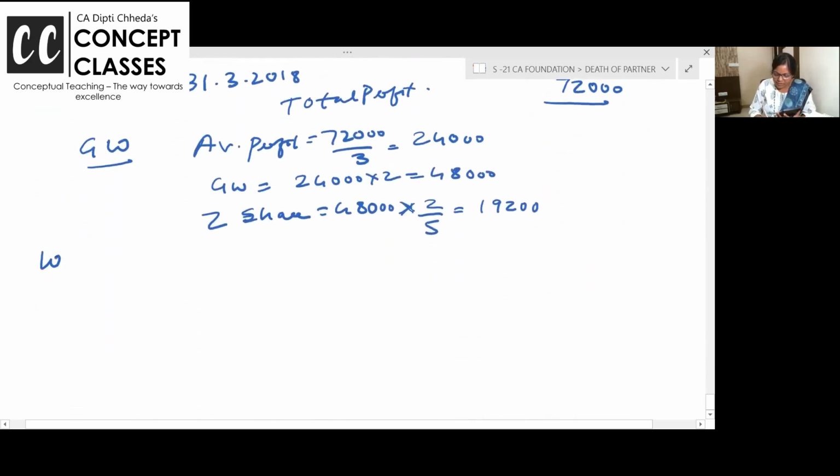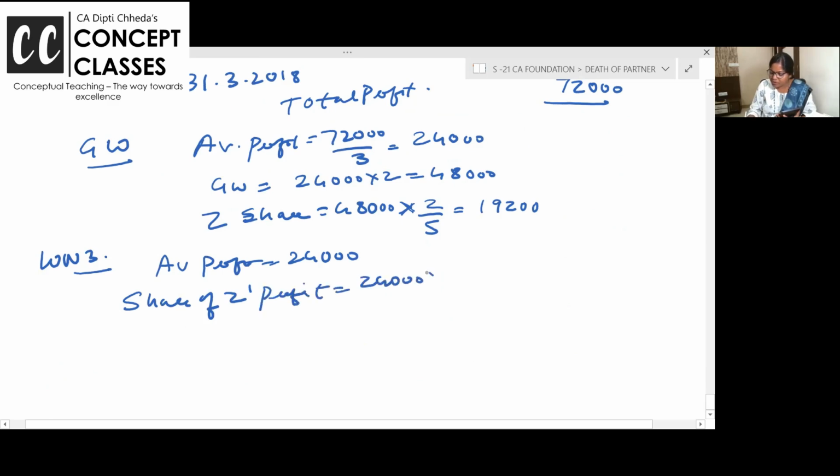Now working note 3, you have to give profit also no to Z. Profit for 9 months to be calculated on the basis of average profit of 3 years. What is average profit? 24,000. In that, share of Z's profit. 24,000 into 9 by 12.